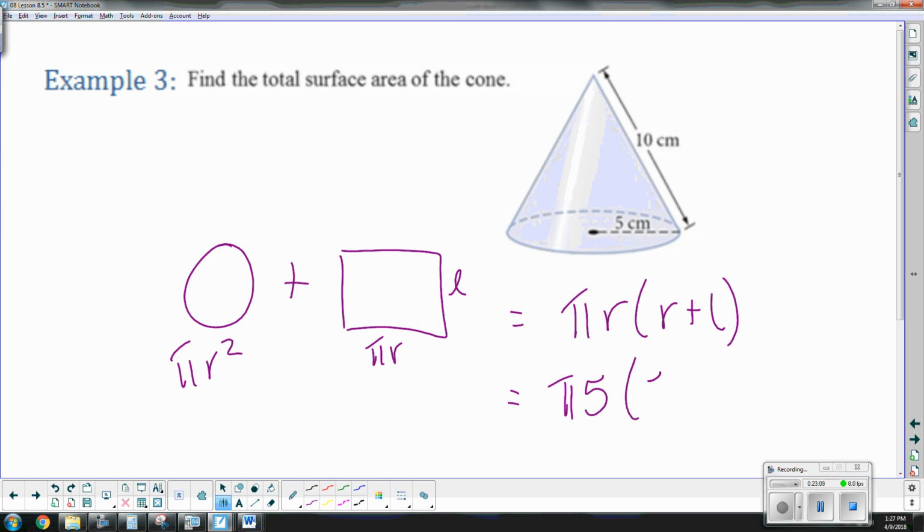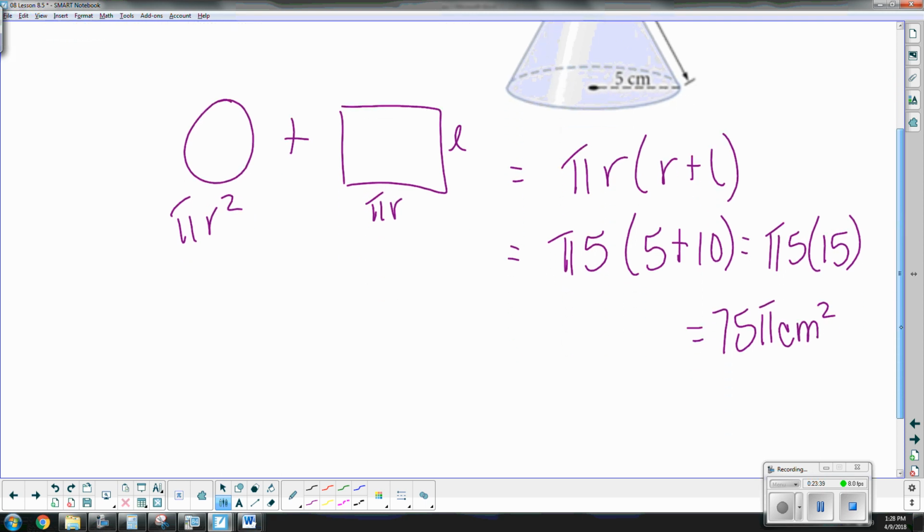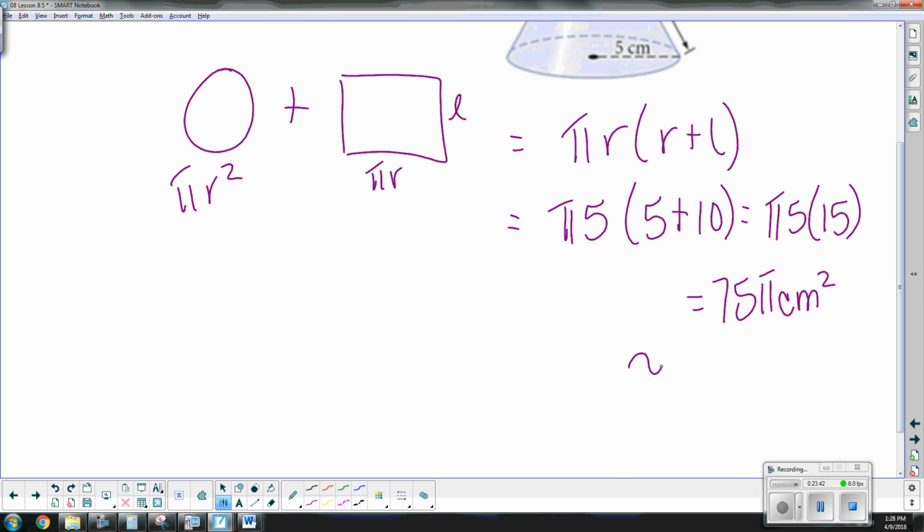So pi times 5 times 5 plus 10. And that's going to equal our surface area of the cone. So pi times 5 times 15. And 15 times 5 is 75. And this is in centimeters squared. So you can leave it at 75 pi centimeters squared, or you can calculate that out, and that's approximately equal to 235.5 centimeters squared.